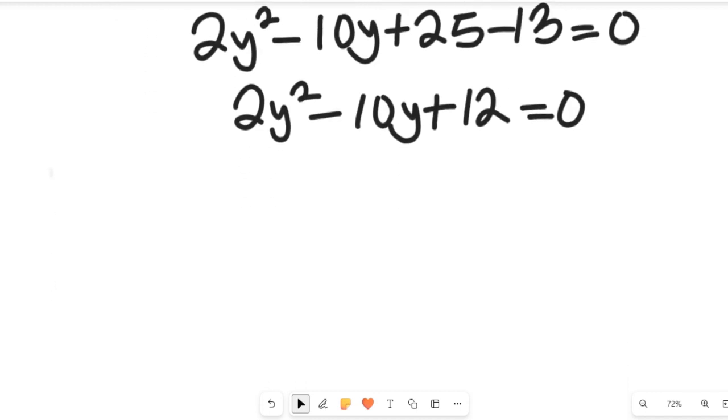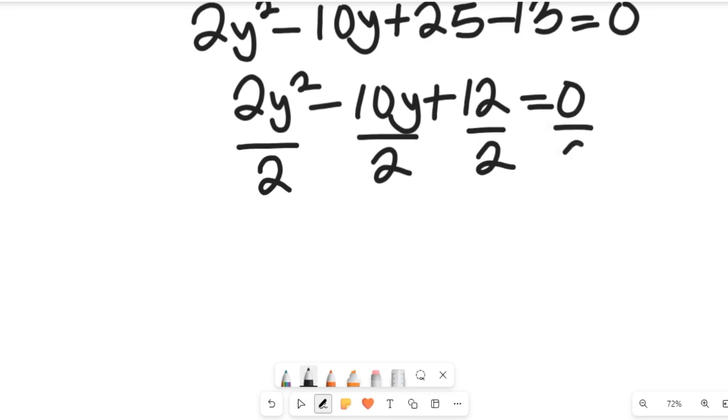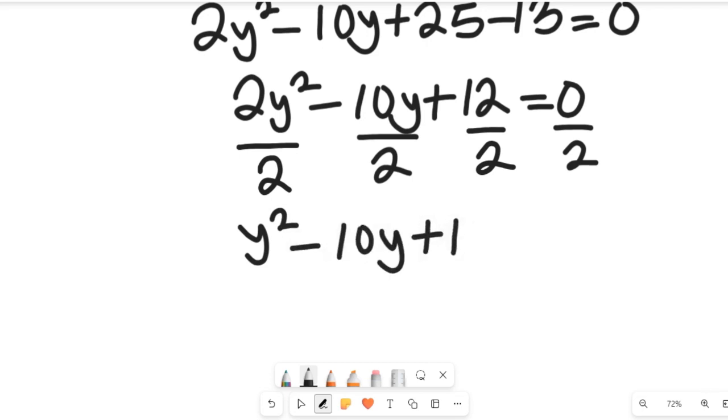We have a quadratic equation. Let's simplify it by dividing through by 2. This will become y squared minus 5y plus 6 equal to 0, sorry about that.